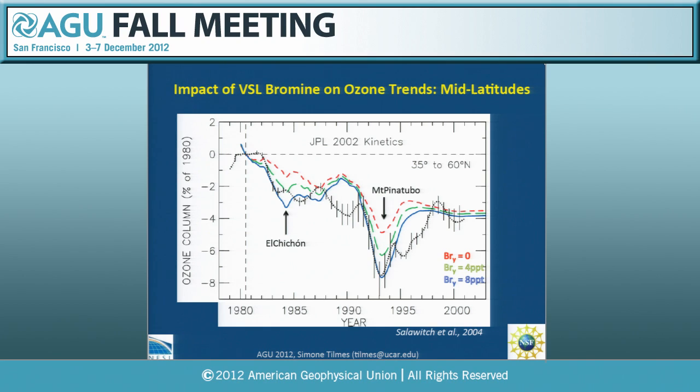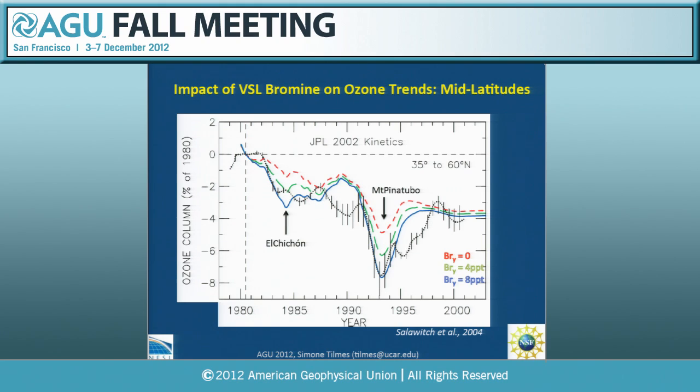And these model studies also show that if you run the model without very short-lived halogen species, especially bromine, you wouldn't catch these dips very well, but you would find them where there weren't any aerosols or no enhanced aerosol regions.